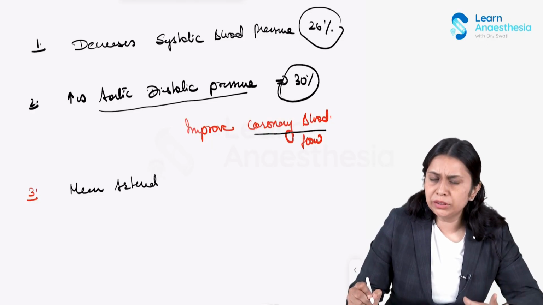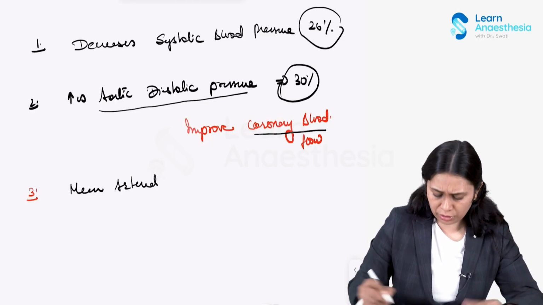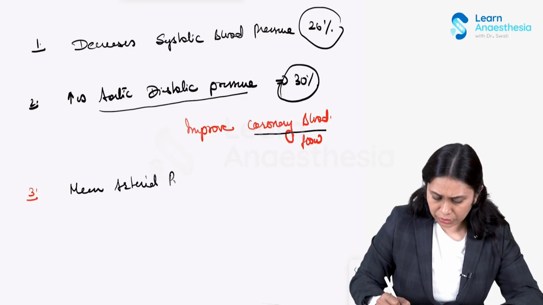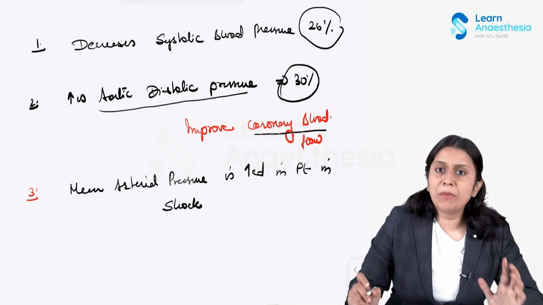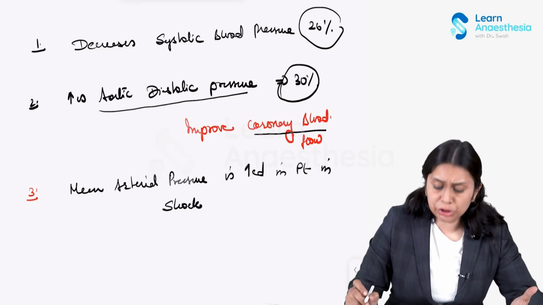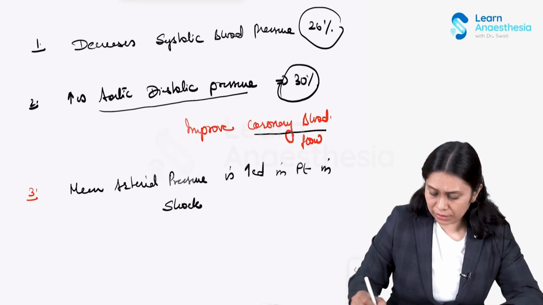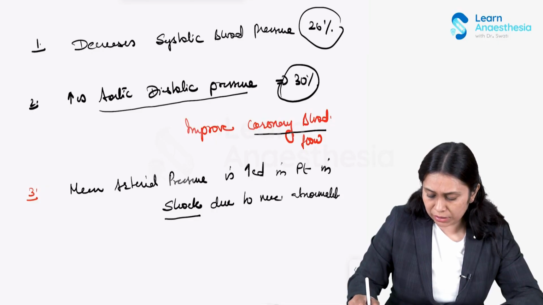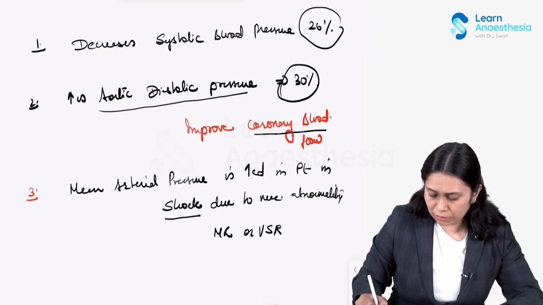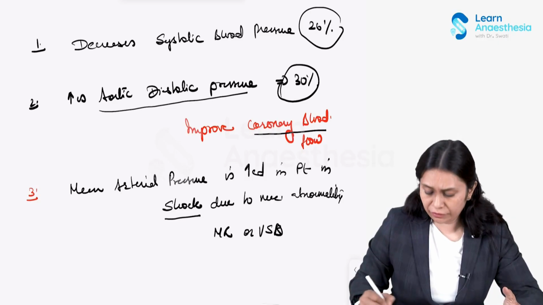So mean arterial pressure is increasing, so it's beneficial in cardiogenic shock, especially in shock due to mechanical abnormality like mitral regurgitation or ventricular septal defect.